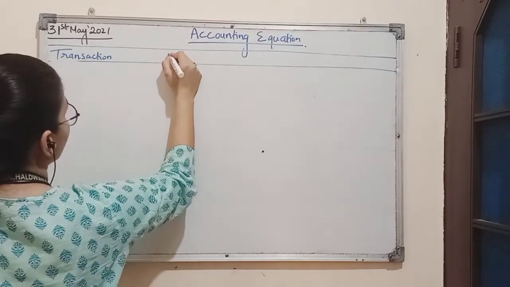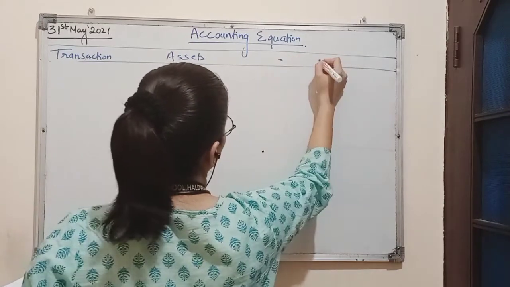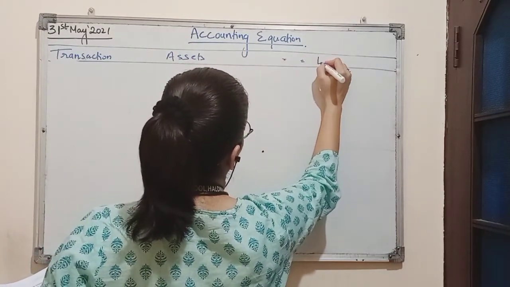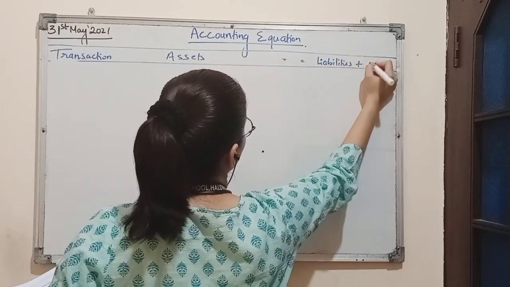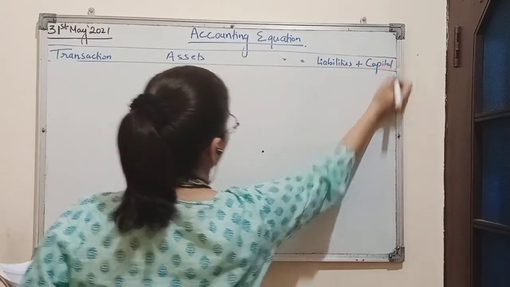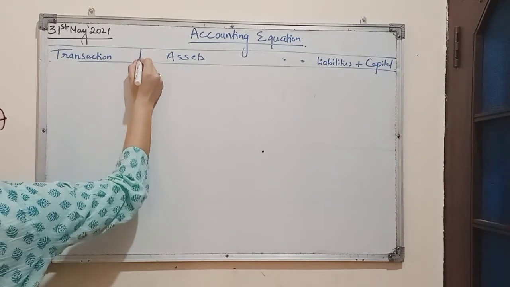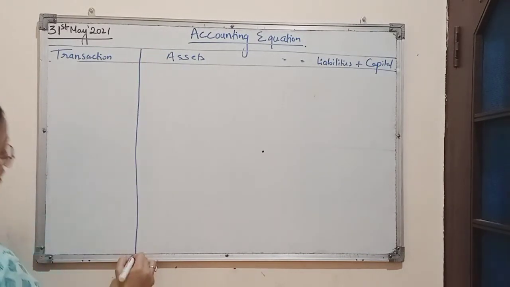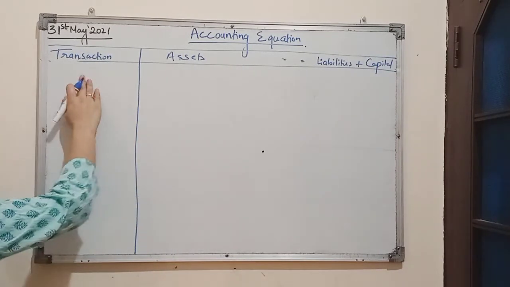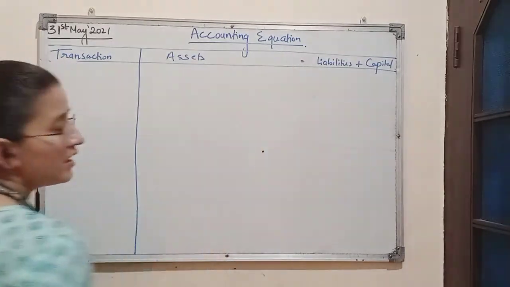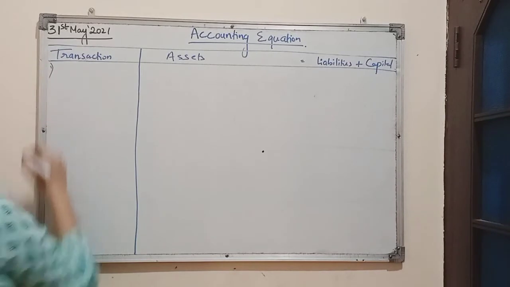Then we have assets is equal to liabilities plus capital. So in this column we will be writing the transaction and the effect of the transaction will be shown here in the accounting equation.